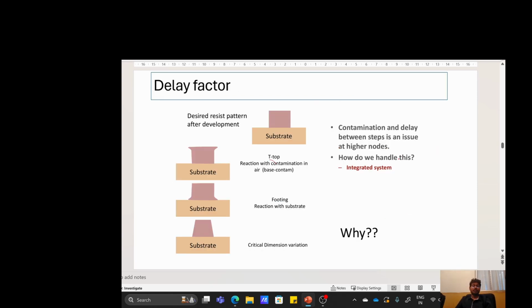So the delay between the processes can do this. This was the desired feature size.